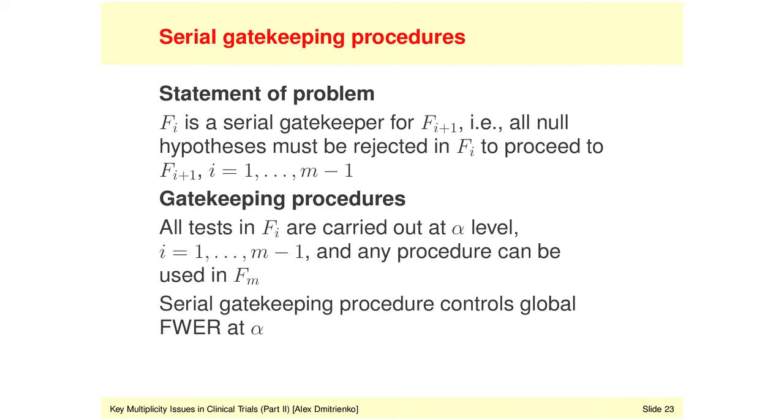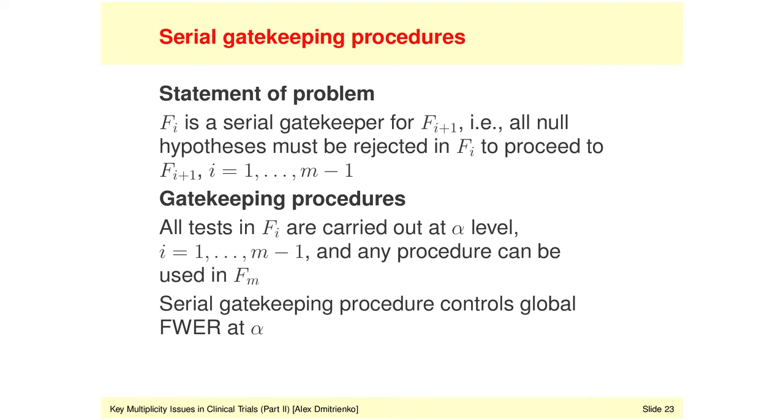Gatekeeping procedures that satisfy this serial gatekeeping condition can be constructed in a very straightforward fashion. All we need to do is to carry out all tests within a serial gatekeeper at the full alpha level.